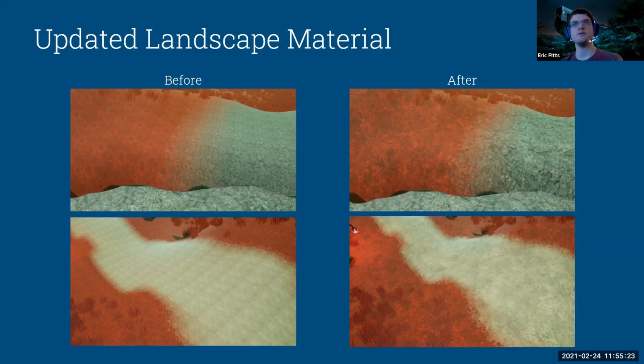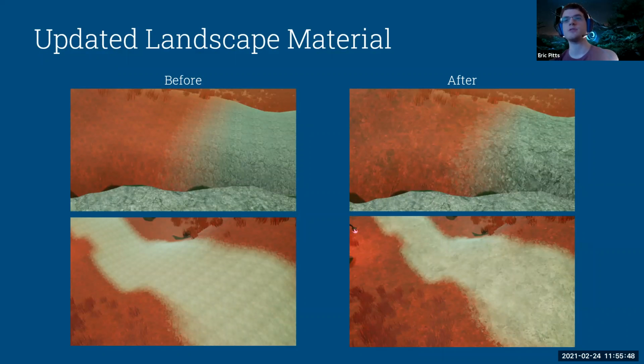So we updated it to the one on the right where we take the two textures and we scale them slightly differently and then blend them together using some macro texture variation textures that come with Unreal Engine. It's the same kind of stuff that they use in a lot of their starter materials, and that's what I based it off of.